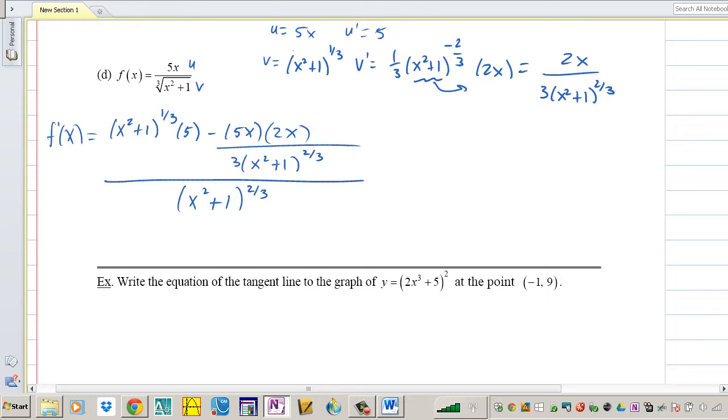Because if this is the original, then squaring this means I just put a 2 right there. And there's my derivative, okay?